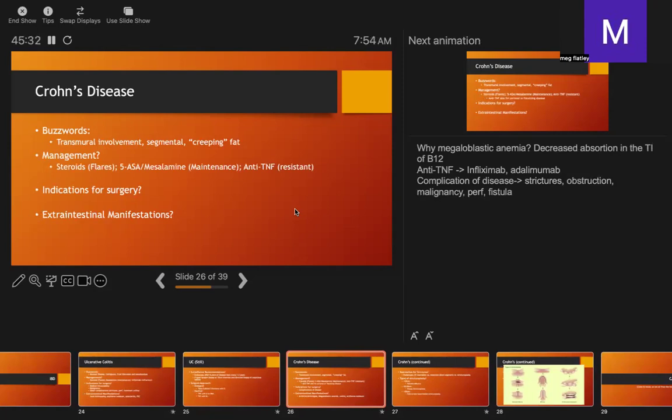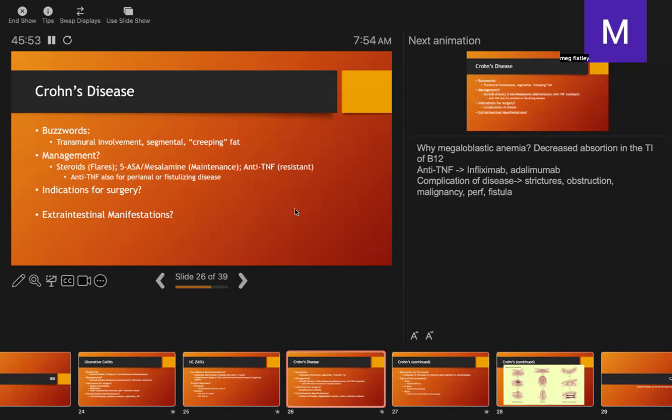Specifically for Crohn's, adalimumab and infliximab are specific for what types of Crohn's you want to treat? Yeah, fistulizing and perianal. So that's the treatment of choice for those. Got fistulizing or perianal, you want to do adalimumab or infliximab.